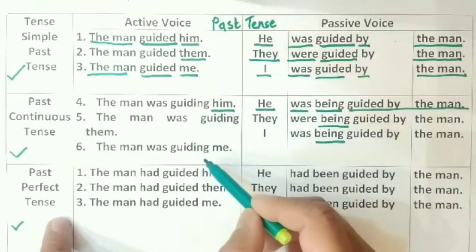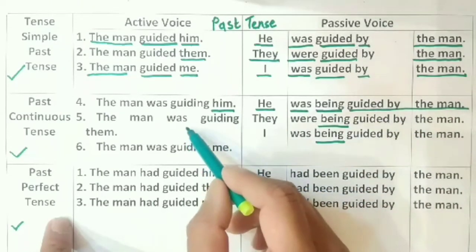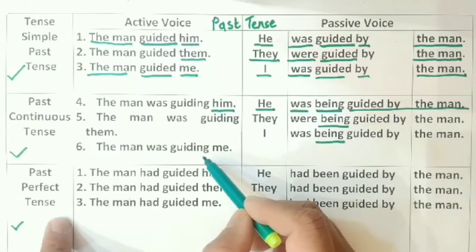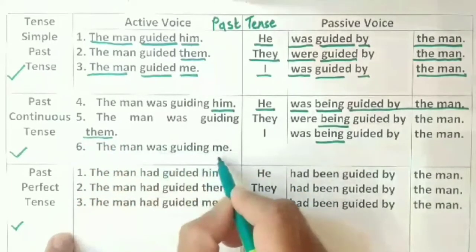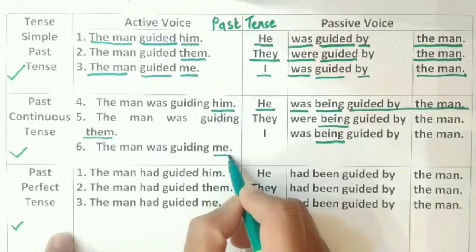In the same way, I have transformed the second and third sentences. I told you about them and also about me.